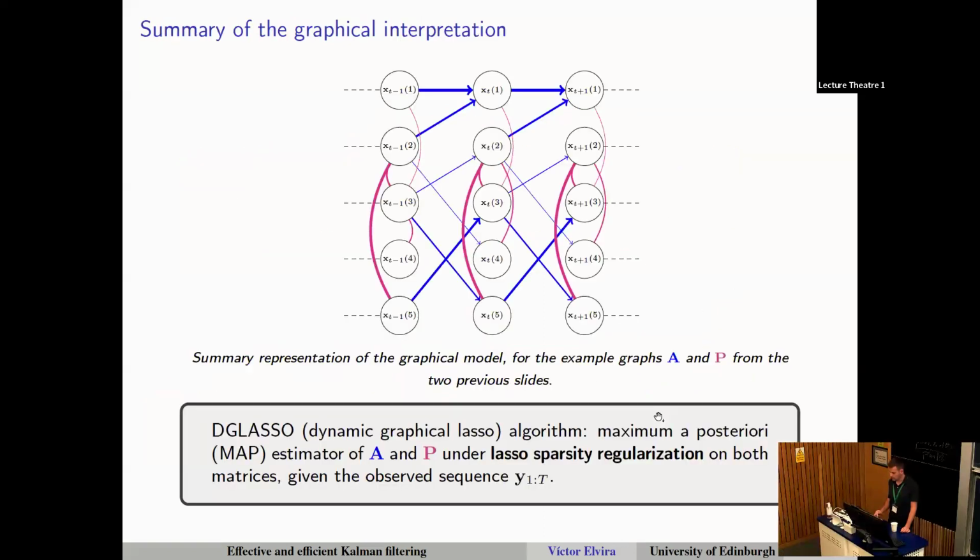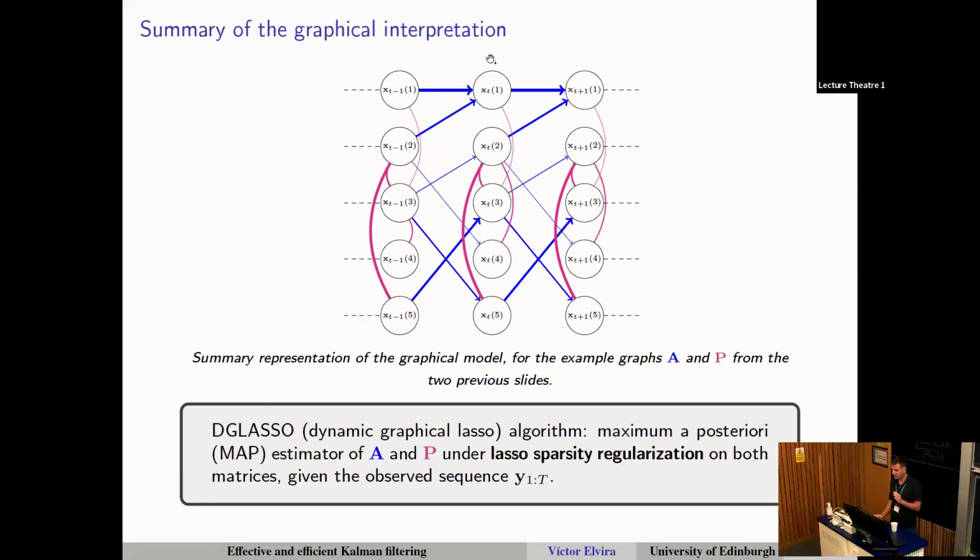And this is a final slide that contains the 2 examples I showed you, just superimposed. You see here how from t minus 1 to t, matrix A in blue tells you how the information flows from t minus 1 to t.